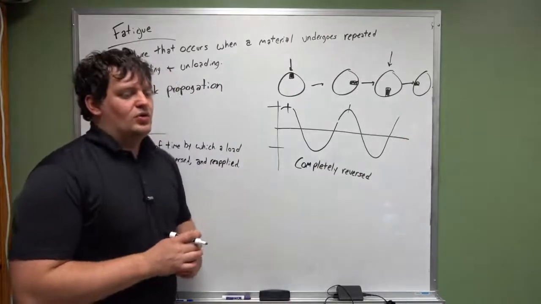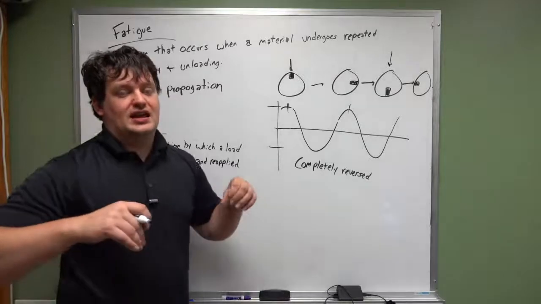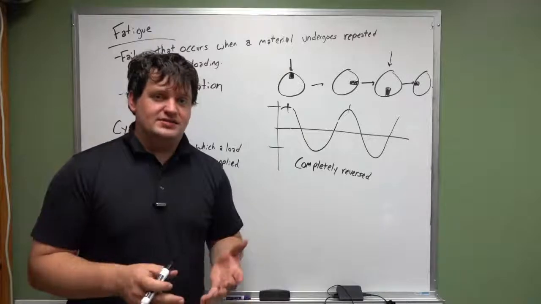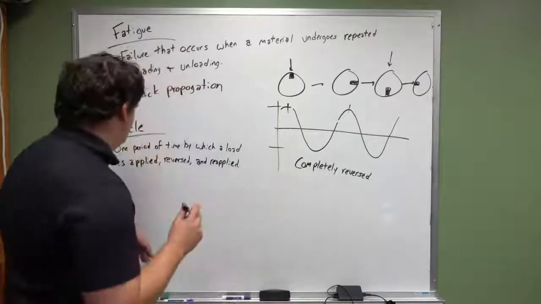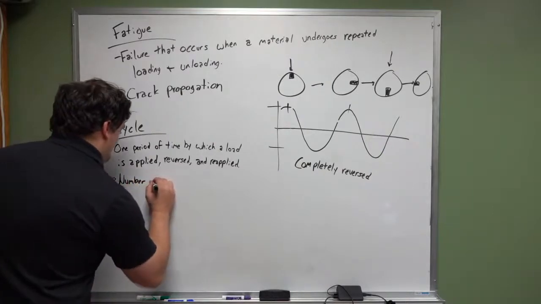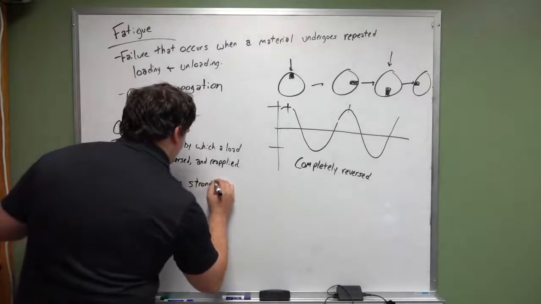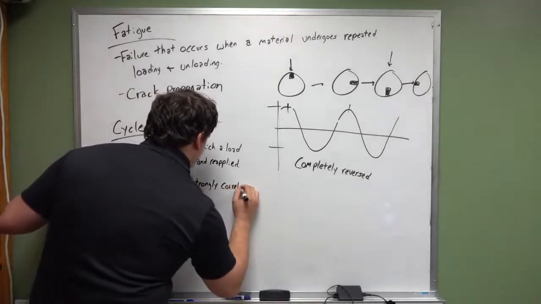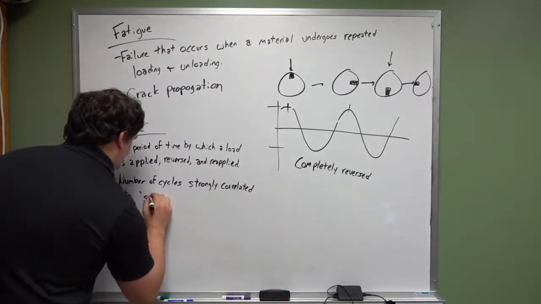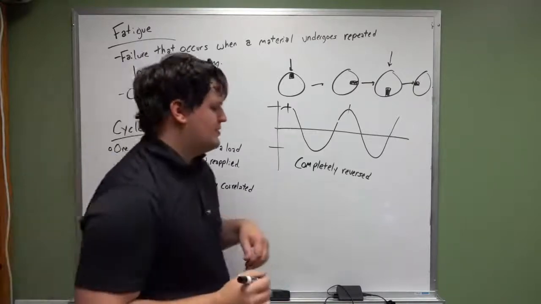Okay, when it comes to fatigue, the number of cycles that a material experiences is very strongly linked to its overall quote-unquote strength. And here you deal with about two concepts.